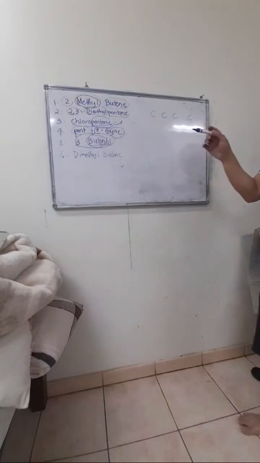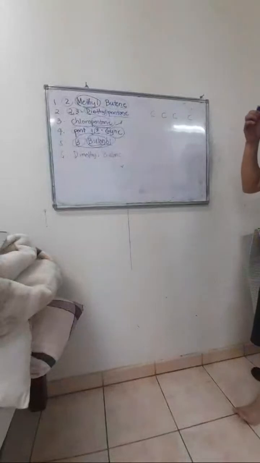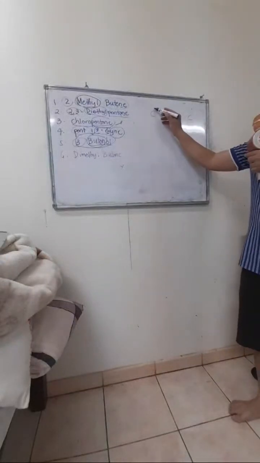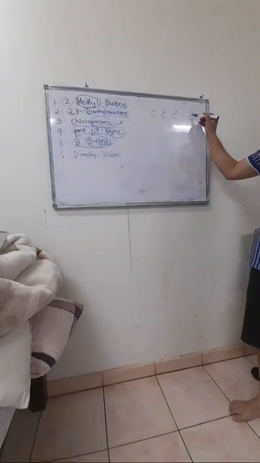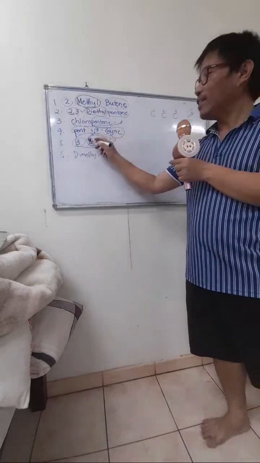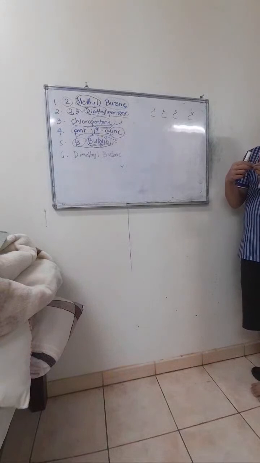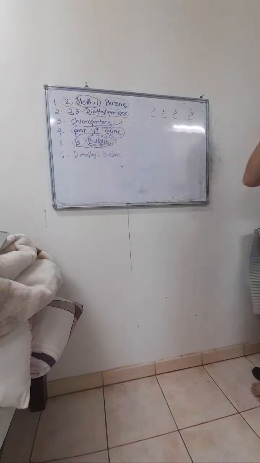But take note, the number 3 is mentioned, so it's carbon number 3. You start from the left: 1, 2, 3, 4. It's on carbon number 3 that you will attach the alcohol group. You get the point? So the alcohol here, of course, is butanol or butyl. What is the butyl formula?